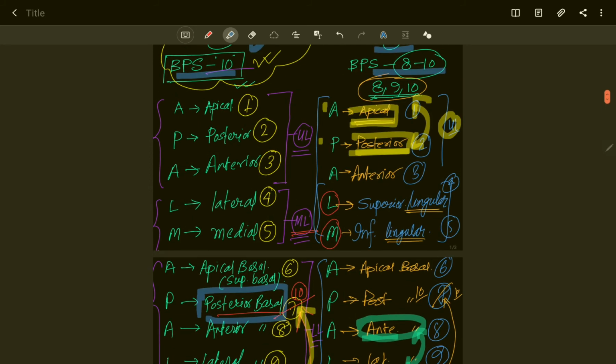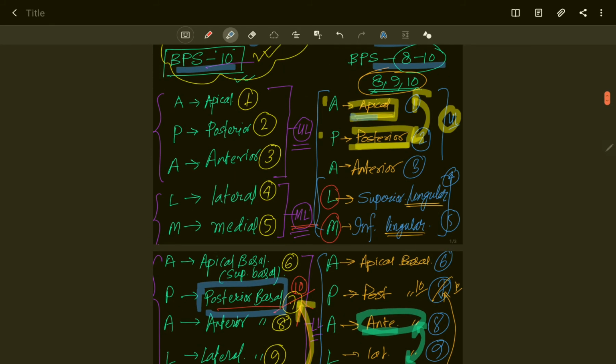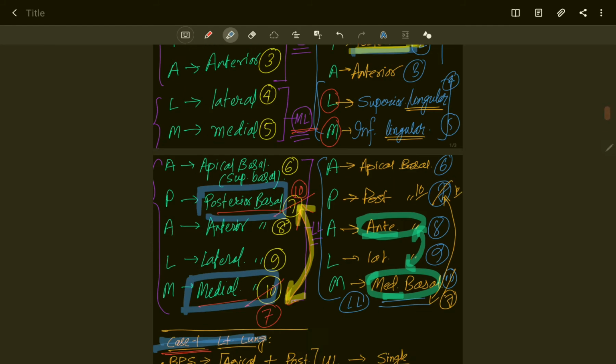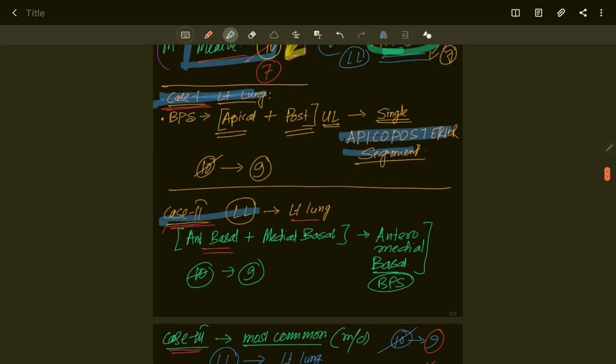And I also told you the three cases in your left lung. Case 1, the apical and posterior may fuse with each other, forming a single apico-posterior segment. Case 2, the apical and anterior segments may fuse with each other, forming the anteromedial segment.